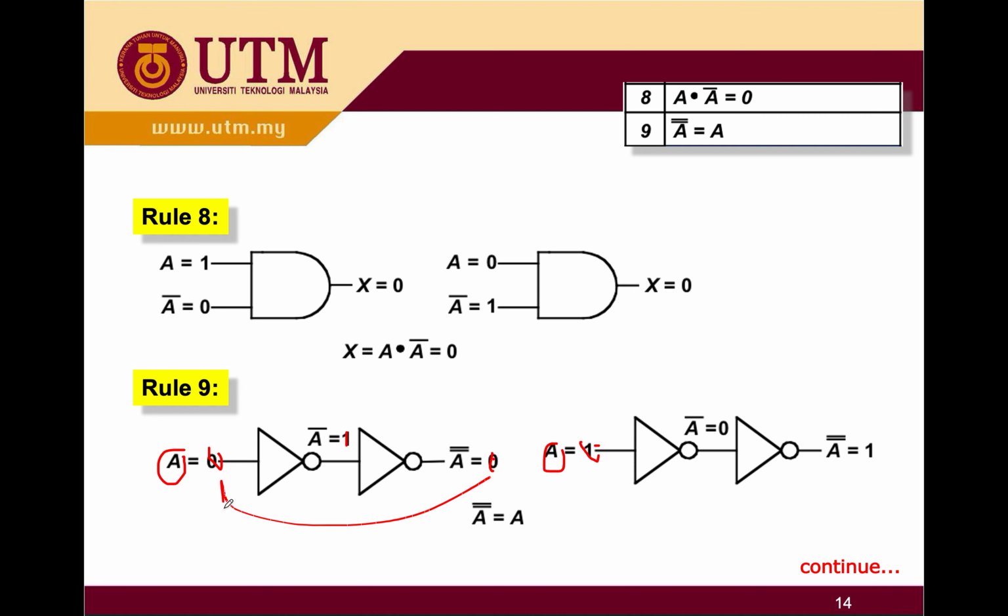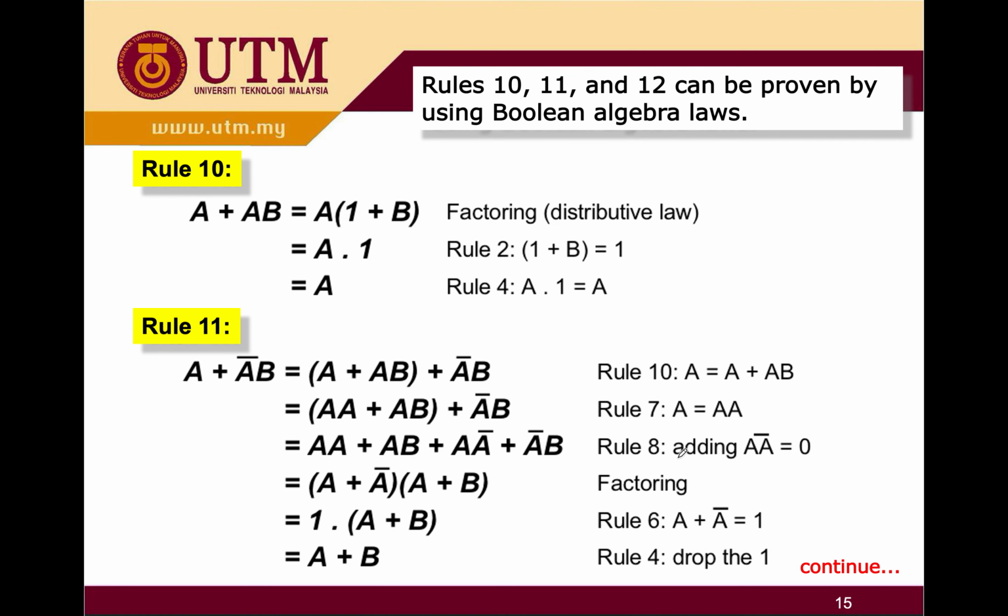So it's similar here. If the other possibility is 1, so 1 you bar, you will get 0. You bar again, which is inverse, and then you will get 1. So it's similar to your input. That's why if you have 2 bars you will get the same as your input.